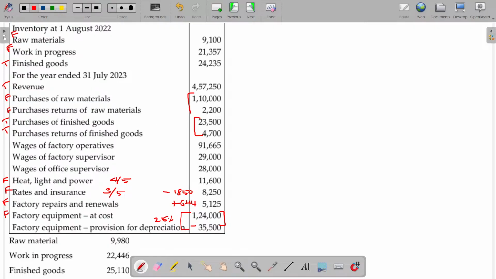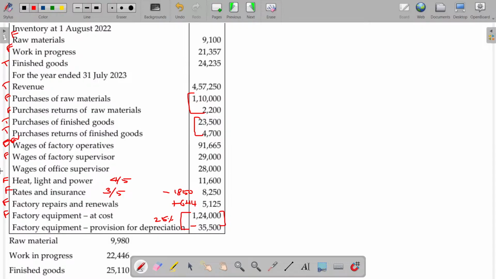Okay, from here these two are going to be adjusted. Wages for factory operatives means direct expenses. Okay, direct wages, that means factory. Wages of factory supervisor, factory, this is a direct expense, that wages, right?